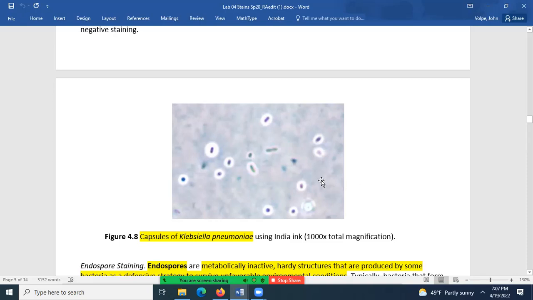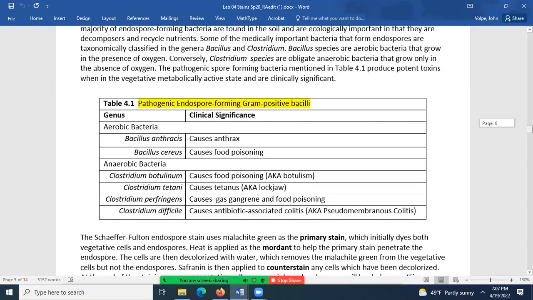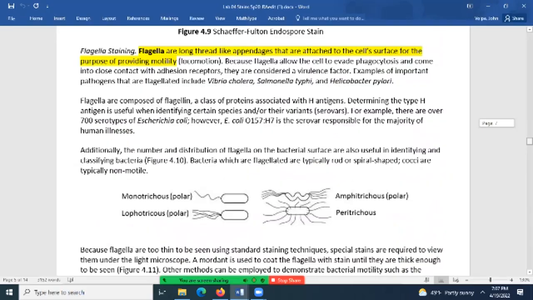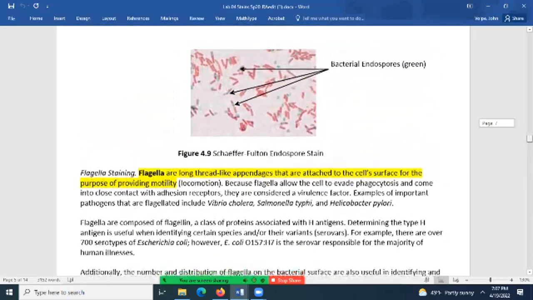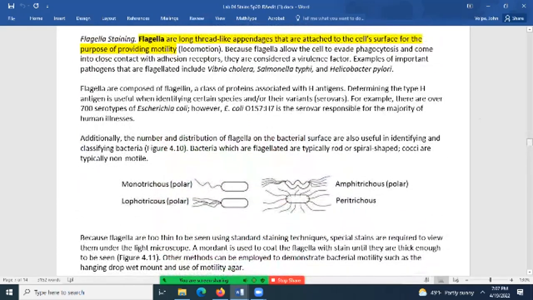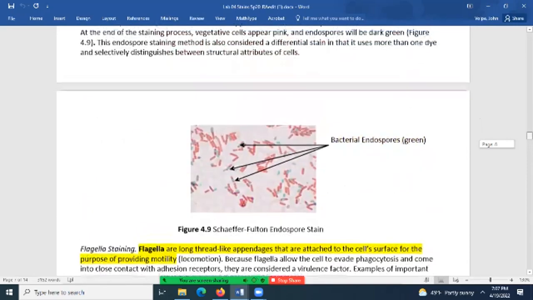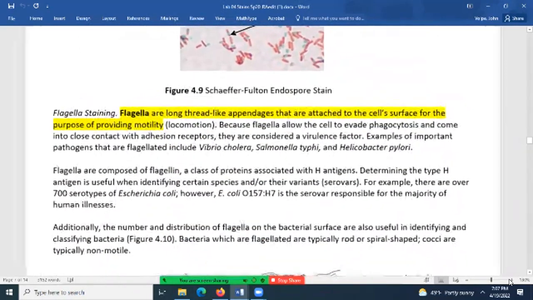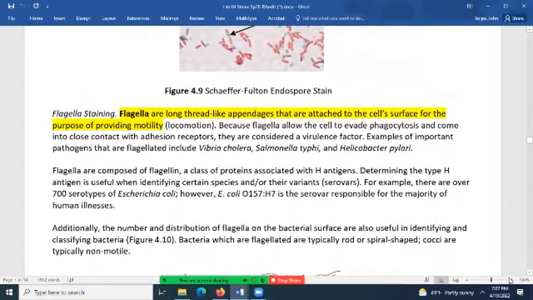When we stain them, we don't normally see the flagella because the flagella is too small to be picked up by the dye. What you need to do to stain the flagella is use something where you coat the flagella with many different coats, and then the flagella will show up.